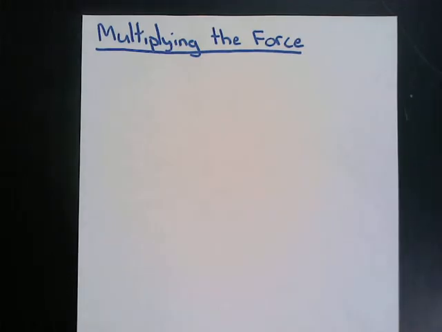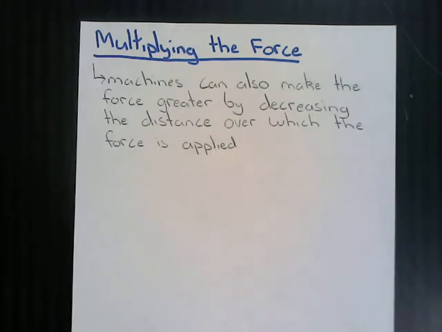So machines can also make the force greater by decreasing the distance over which the force is applied. Let's think about this as our example we have been using, the jack lifting a car up.